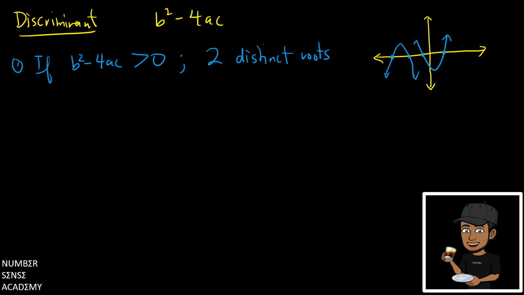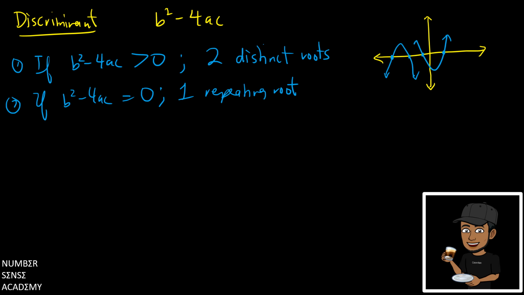The second scenario, if the discriminant is equal to 0, then we have one repeating root, which is another way of saying that we just have one root. The graph touches the x-axis once.